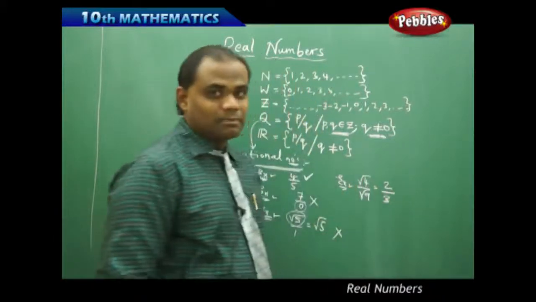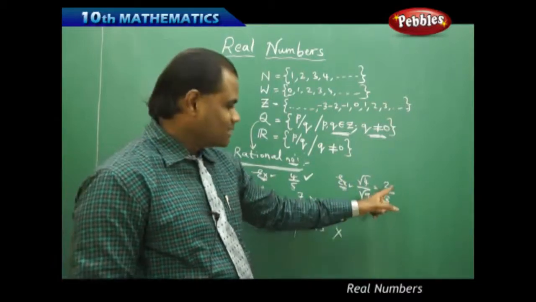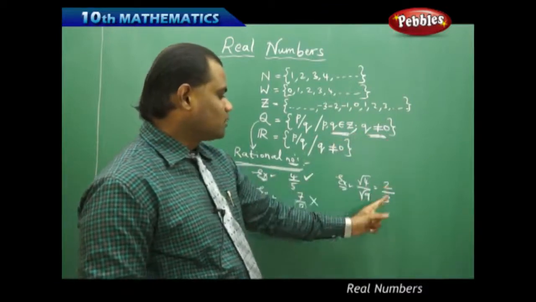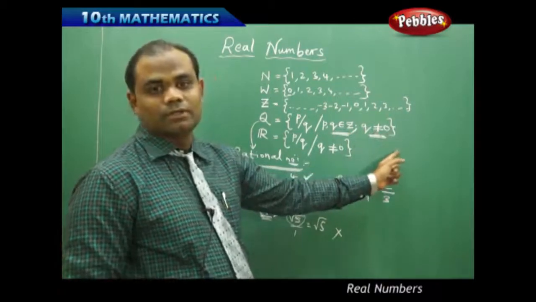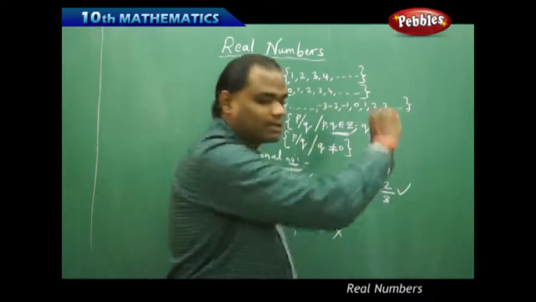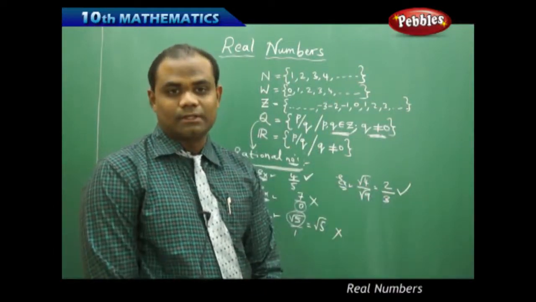So the simplified answer for root 4 over root 9 is 2 over 3. Thus, this satisfies both conditions of a rational number, with 2 and 3 being integers and 3 not equal to 0. Hence I can say that root 4 over root 9, when simplified, is a rational number.